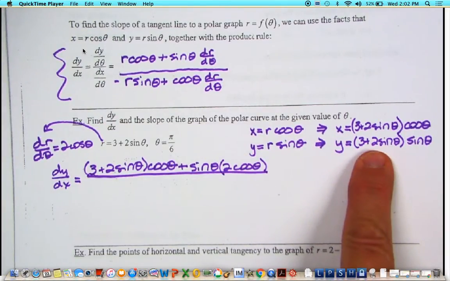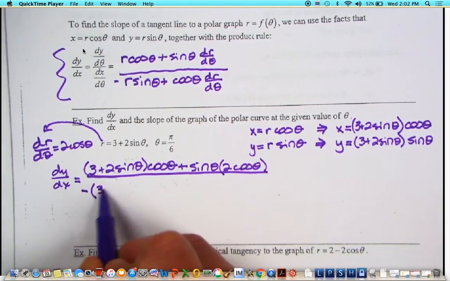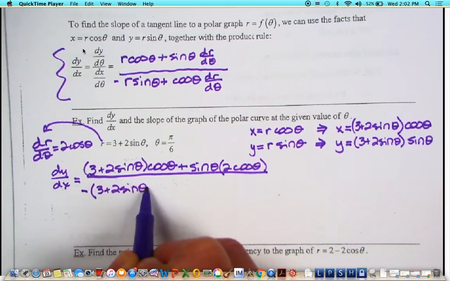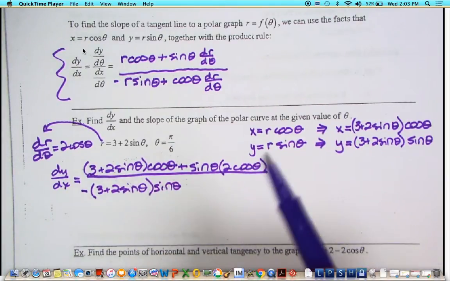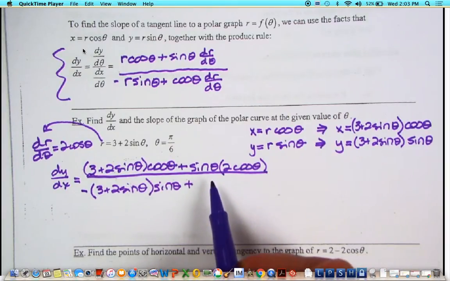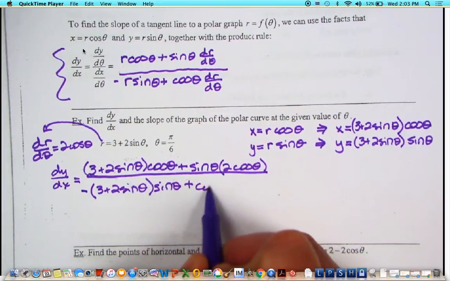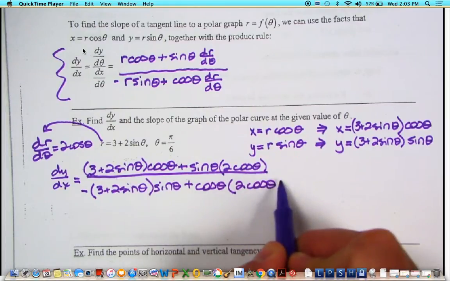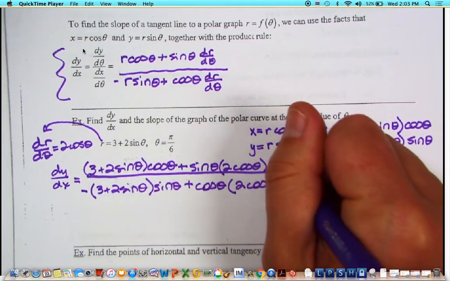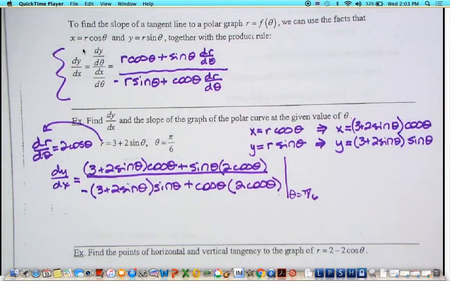So negative 3 plus 2 sine theta, times sine theta, plus cosine theta times dr/d theta, which is 2 cosine theta. And where do I want all of this? When theta is pi/6.